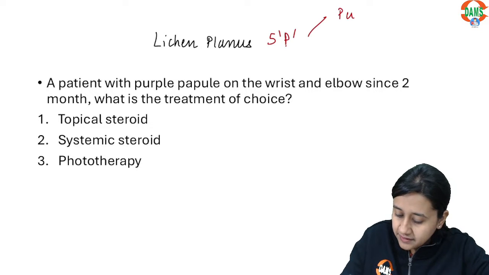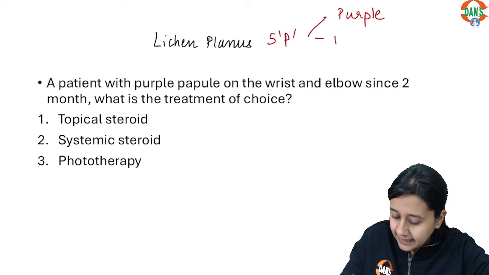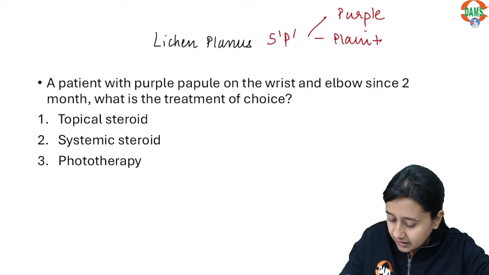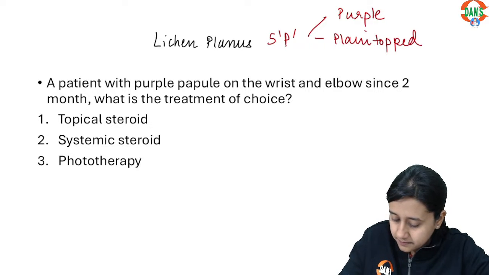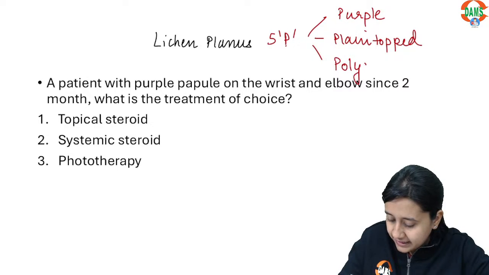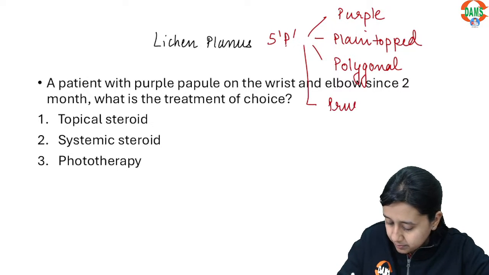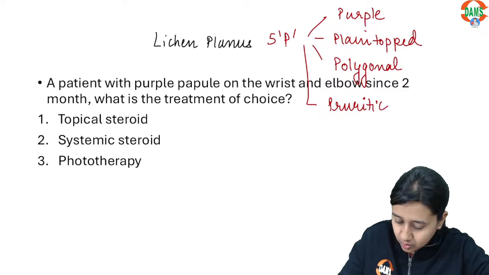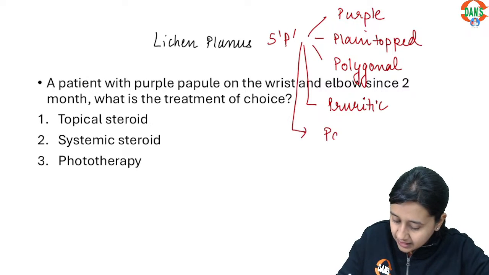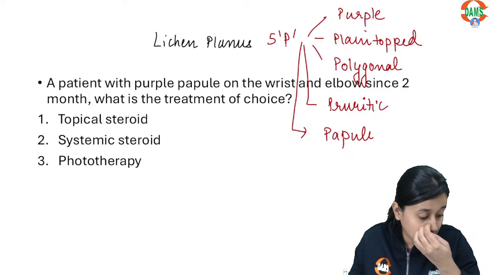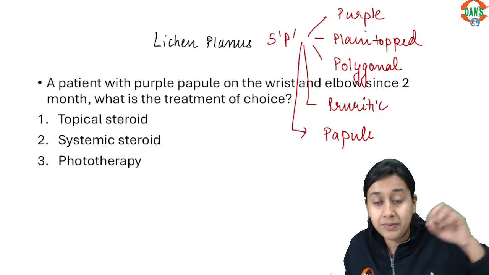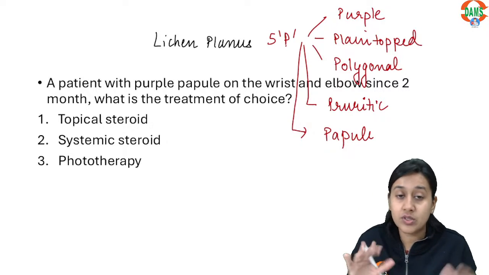You all know that we have purple, plain topped, polygonal, pruritic papules. I'm not sure whether they have given you the history of itching or not. I just want my students to please add whether the history of itching was given or not.